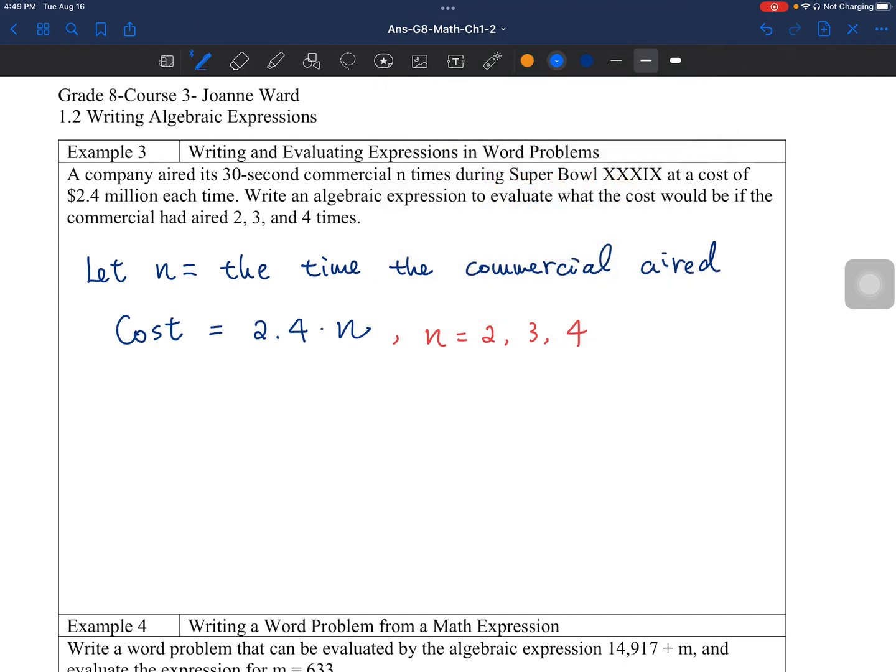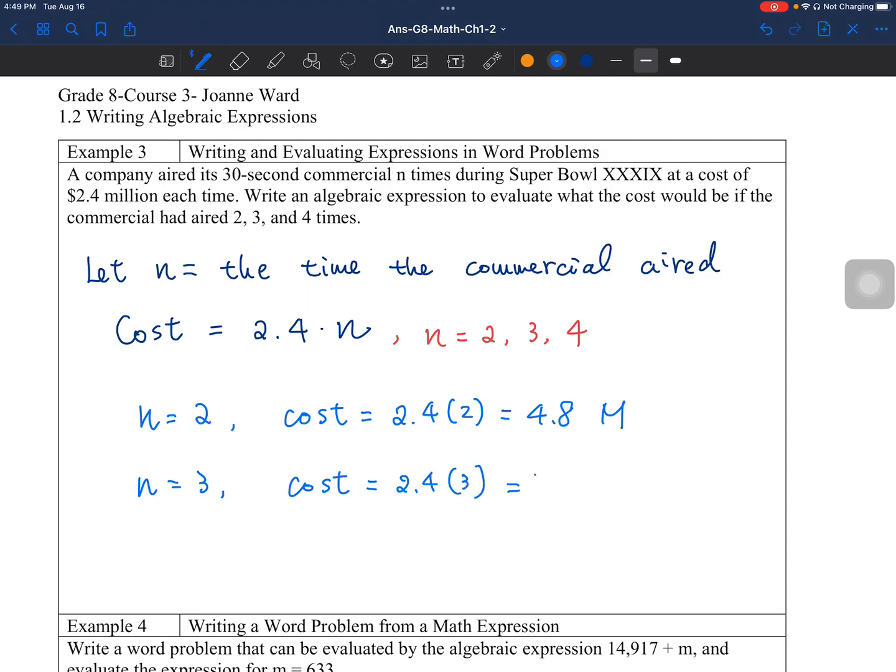Therefore when n equals 2, the cost equals 2.4 times 2, 4.8 million. When n equals 3, cost is 2.4 times 3, 7.2 million. When n equals 4, cost equals 2.4 times 4, 9.6 million. That's it.